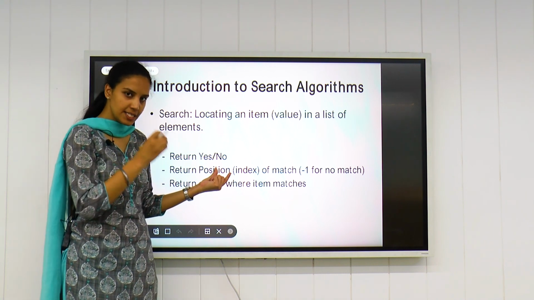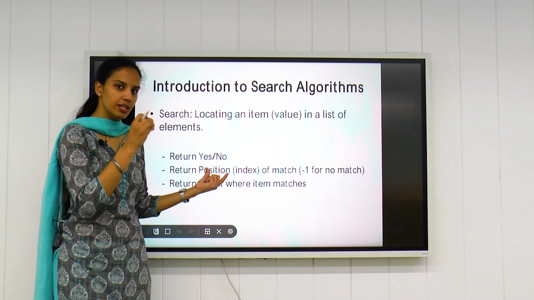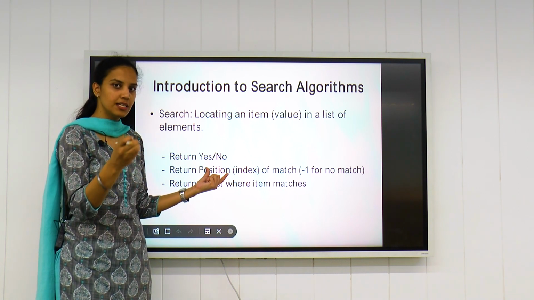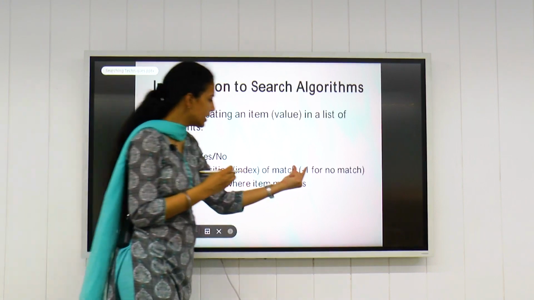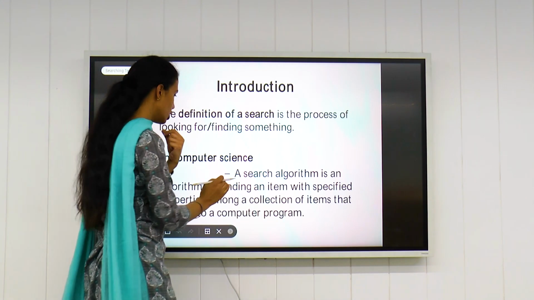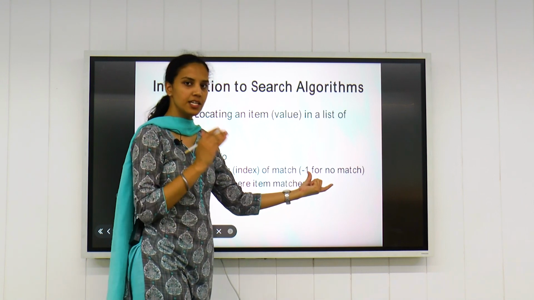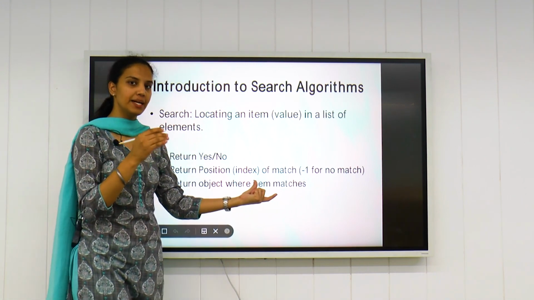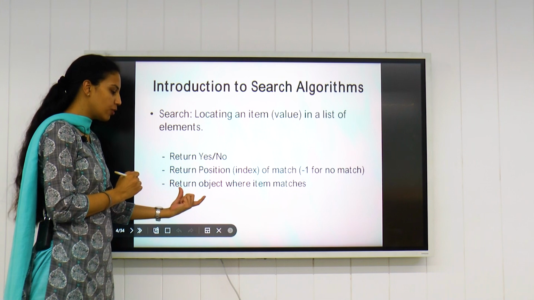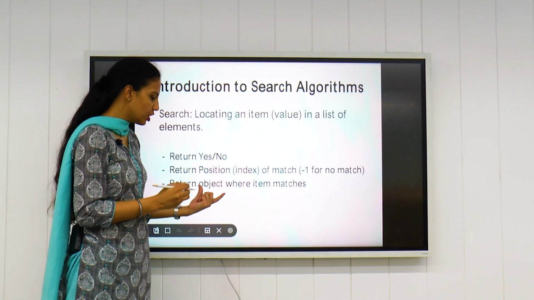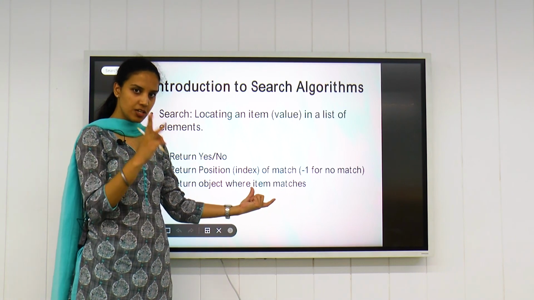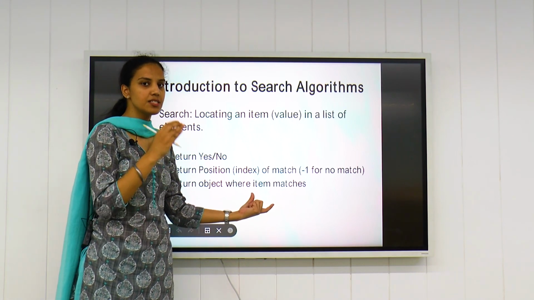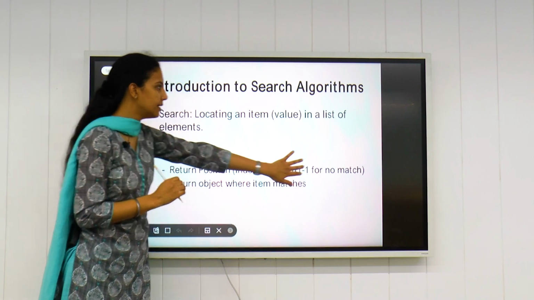If the element exists, the index or the position at which the element is present will be shown as the output. If the element does not exist in the list, then the output will be shown as -1. That means there is no match for that specific element in the list. Last, it will also return the object which the element actually matches. So these three outputs will be shown after the searching algorithm is completed.